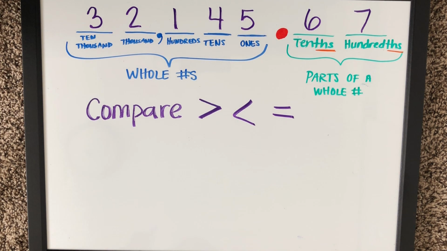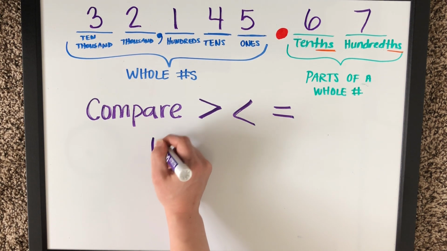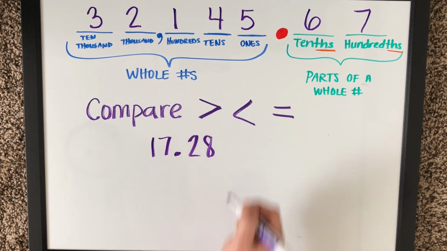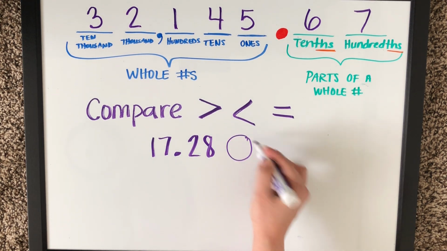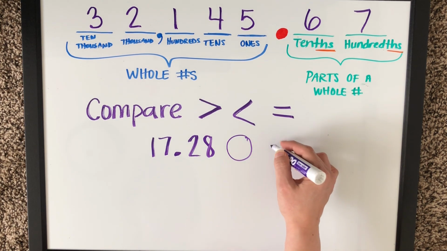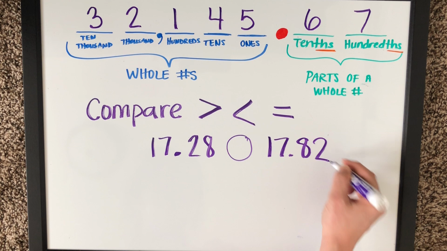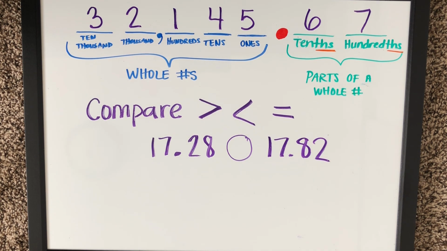Now, in order to compare, our second most important thing after we remember our place values is to remember to stack our numbers. If I gave you a problem that said 17 and 28 hundredths, and we are comparing it to 17 and 82 hundredths, the very first thing that we would need to do is stack our numbers.